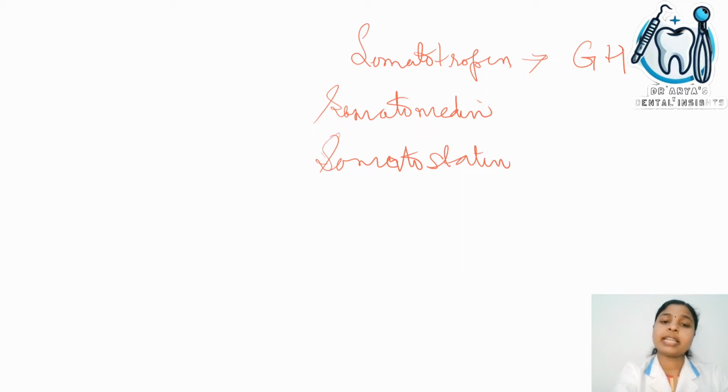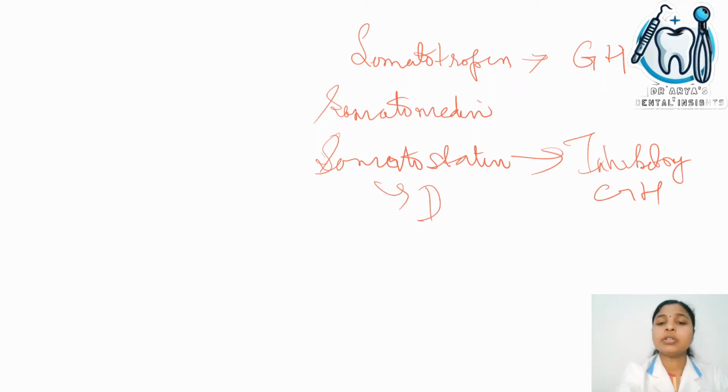Then come to somatostatin. What is somatostatin? Statin means to stop, right? Somato means growth. Okay. So it is an inhibitory hormone of growth hormone, and it is secreted by delta cells of islets of Langerhans in pancreas. So these are the three hormones. Somatotropin is the other name for growth hormone.